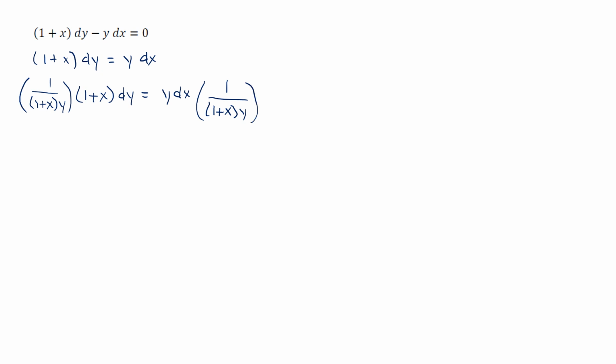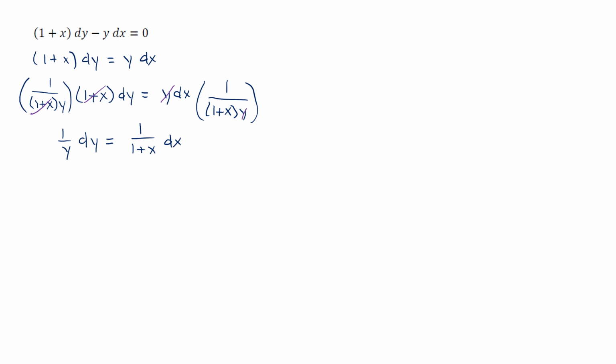When I do that, I can simplify both sides. The 1 + x on the left side cancels, and the y cancels. That leaves me 1/y dy = 1/(1+x) dx.